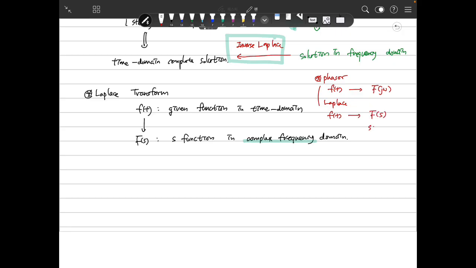Actually, s is sigma plus jω. Sigma is the real part and ω is the imaginary part. So s is a complex number.